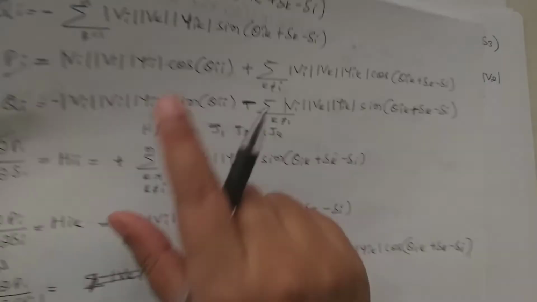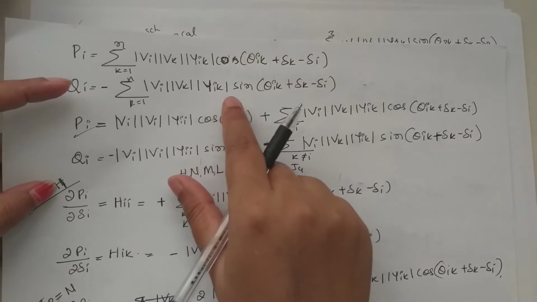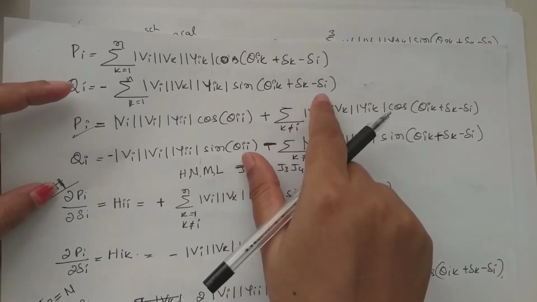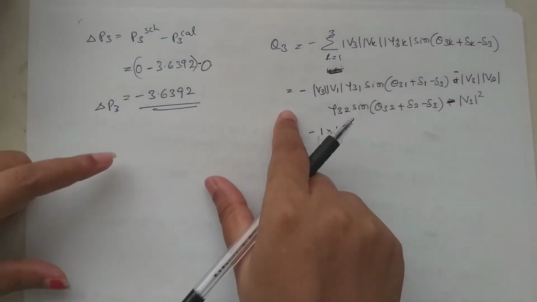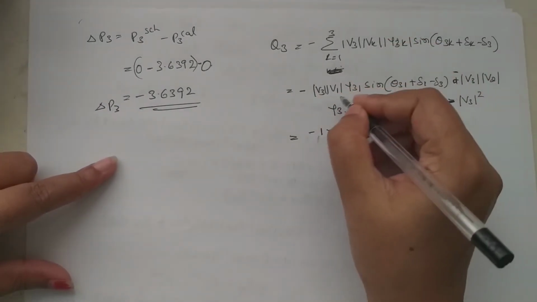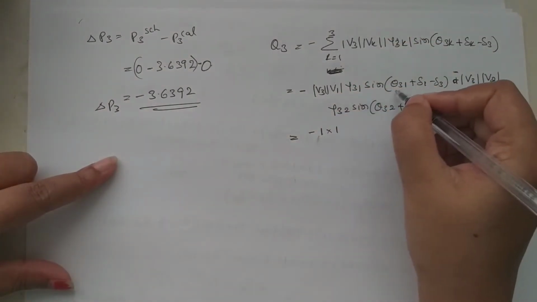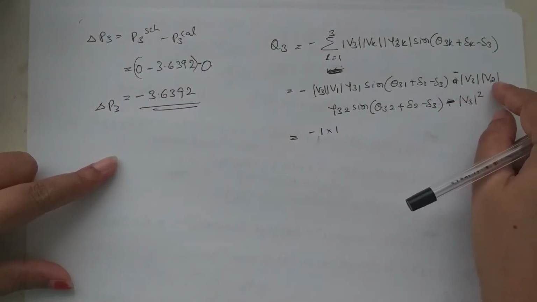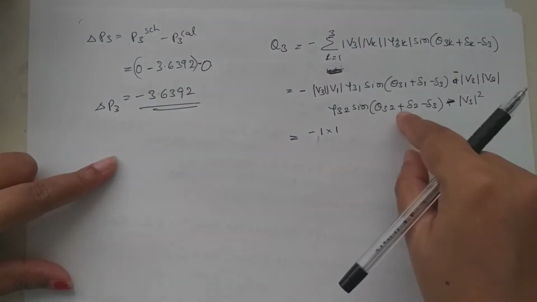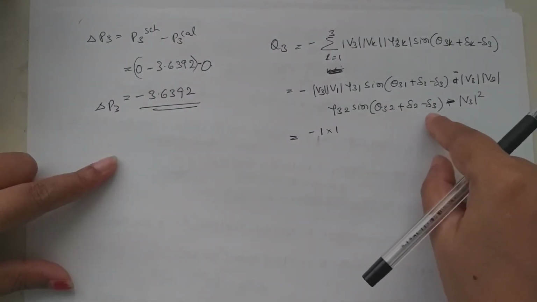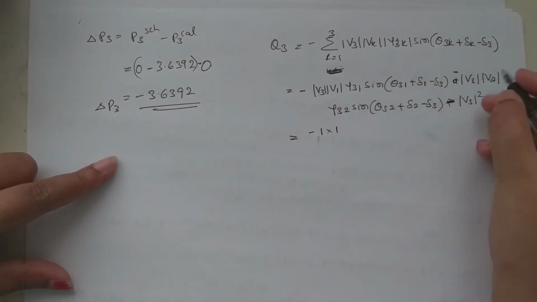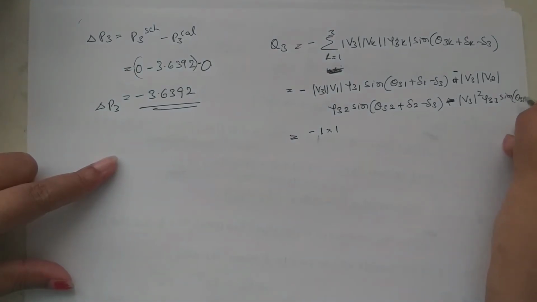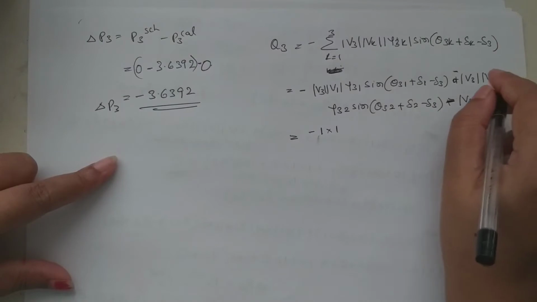Qi is equal to summation Vi Vk Yik sin theta ik plus delta k minus delta i. Calculating, we get V3 V1 Y31 sin theta 31 plus delta 1 minus delta 3, minus V3 V2 Y32 sin theta 32 plus delta 2 minus delta 3, minus V3 square Y33 sin theta 33 plus delta 3 minus delta 3, which cancels each other.